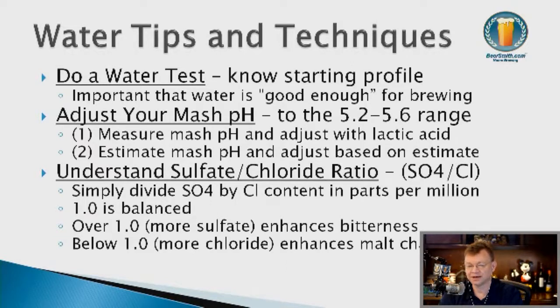The best way to do that is to either estimate your mash pH using software, or you can measure mash pH with a pH meter and then adjust it with some kind of acid. Most of us work with lactic acid. I actually do a hybrid of these two techniques. What I typically do is estimate with the software, and let's say, for sake of argument, the software says I need 7.5 milliliters of lactic acid.